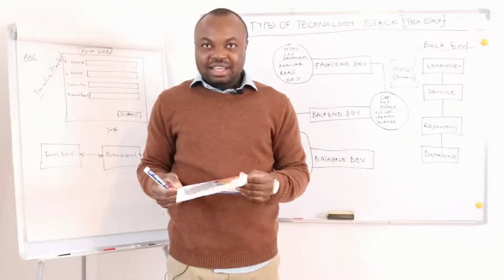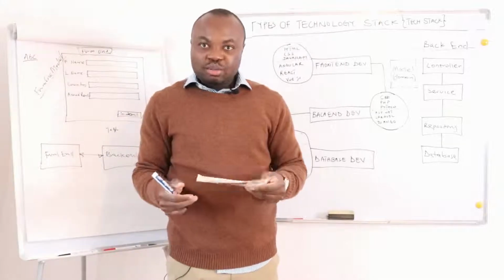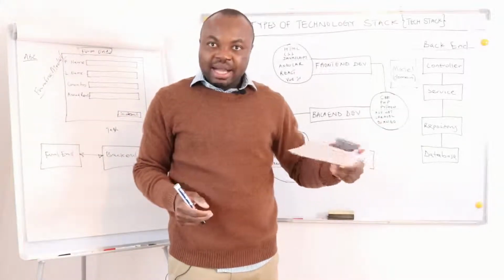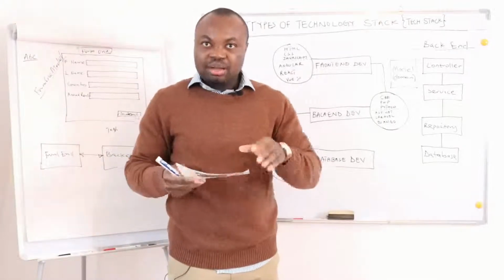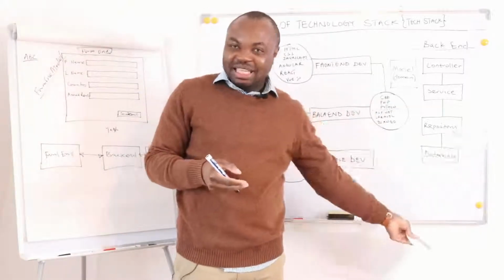So if we look at everything as a form, you fill this form on the front end and submit it to the back end via HTTP. The back end takes this form, checks if everything is correct, or does some calculation, and then saves this form to the database.